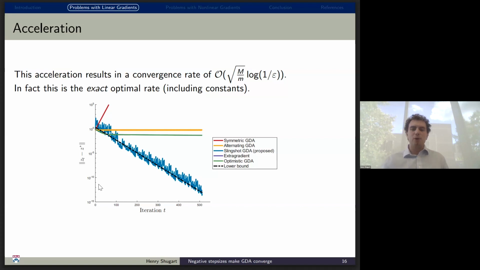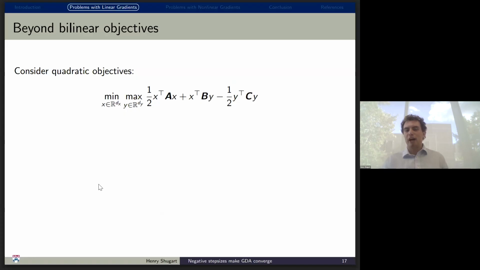And so now I just told you about the bilinear example, and I'm going to show that the results I've shown you aren't just local to the bilinear problem, but in fact expand a little bit more, and in fact a lot more, by showing you that it works on quadratic objectives.